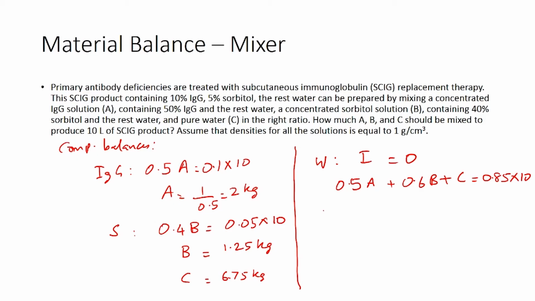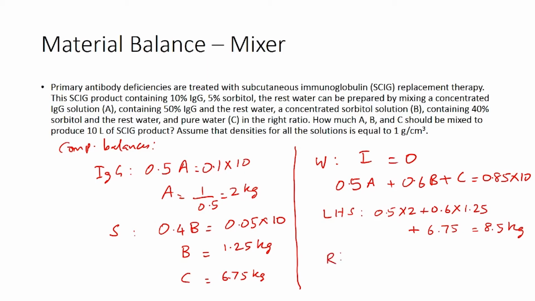So, your left hand side would now become 0.5 times 2 plus 0.6 times 1.25 plus 6.75. This adds up to 8.5 kilograms.